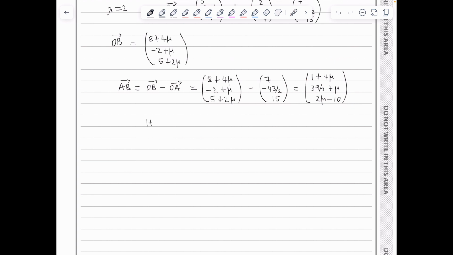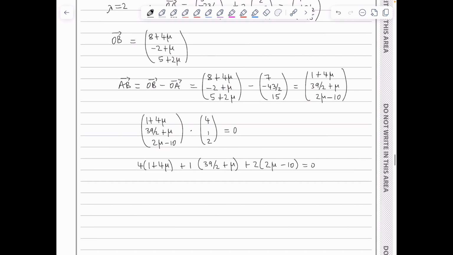So we've got (1 + 4 mu, 39/2 + mu, 2 mu - 10) dot the (4, 1, 2), which is the direction vector of line L2, to be 0. So 4 times (1 + 4 mu), plus 1 times (39/2 + mu), plus 2 times (2 mu - 10) is equal to 0.